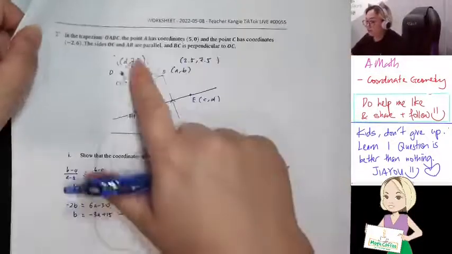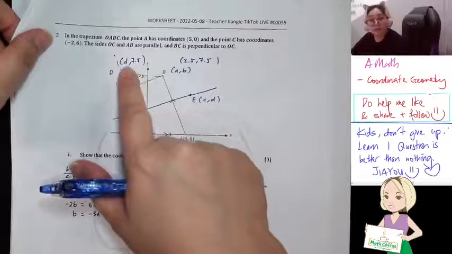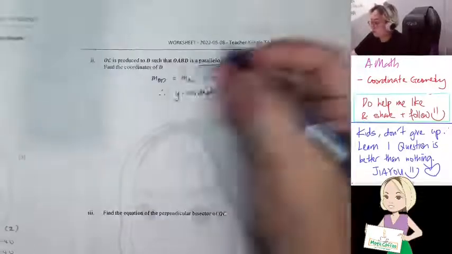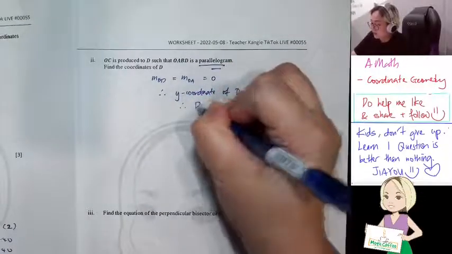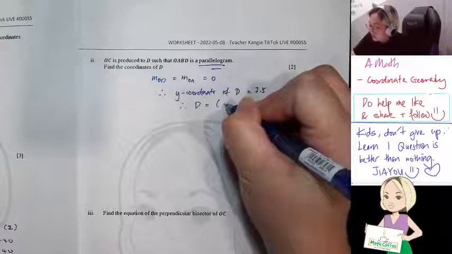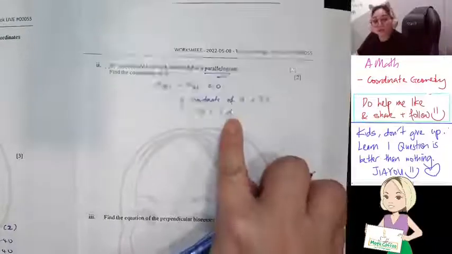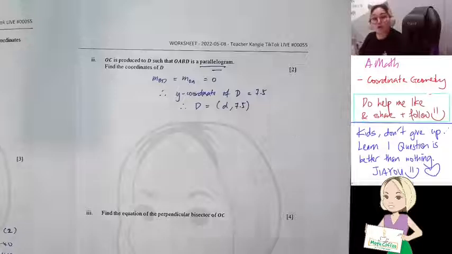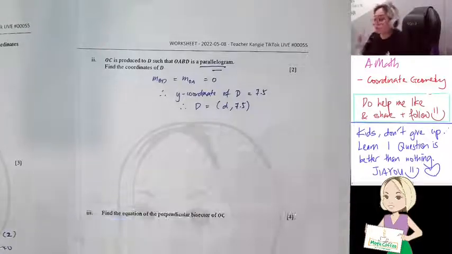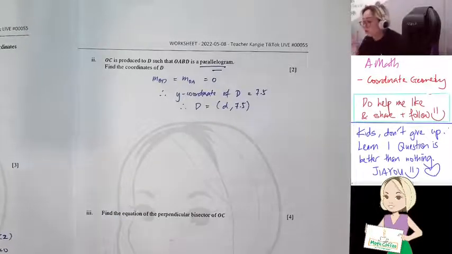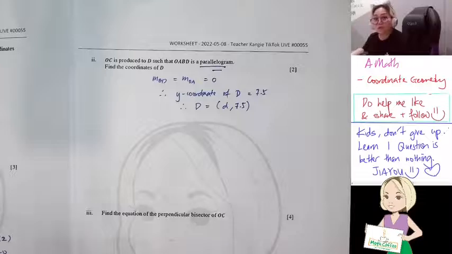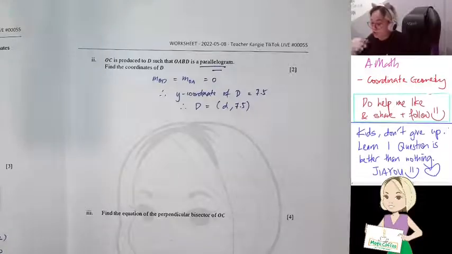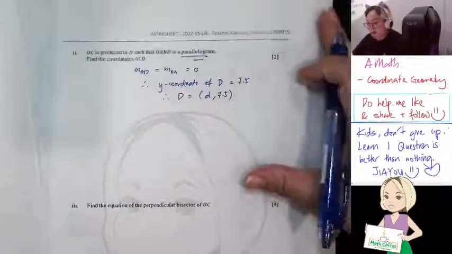That is why you can see that my point D, I write it as D, 7.5. So I will say therefore my D is, the x coordinate is unknown, so I put it as D, 7.5. So now your point D is only one unknown. So if there's only one unknown, it means I only need one equation. So let's see what we have.